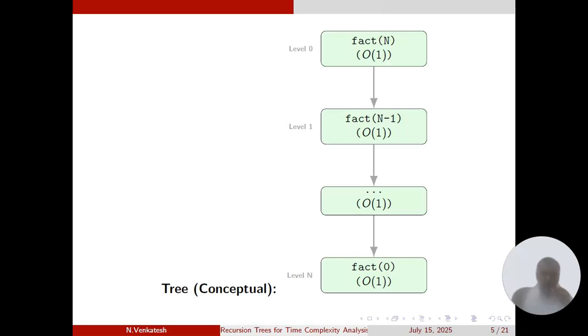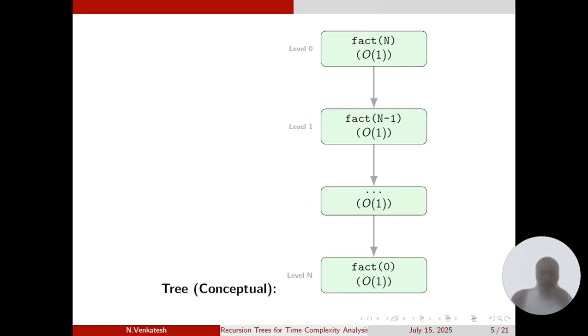Now what is the cost at each node? For each function call, we have a constant number of operations, and at each level we have only one node.